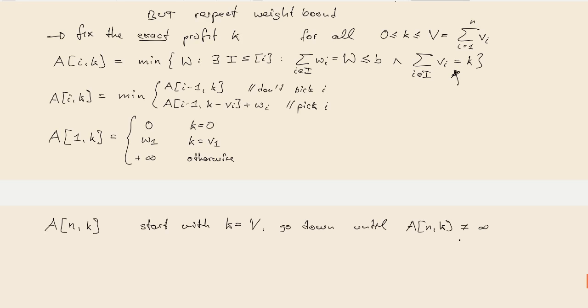So that means until we found a profit that's actually attainable, and then we have a non-infinity value here, and that's also the weight of the optimal solution. And well, the actual optimal choice of items is easily found by backtracing through the recurrence.